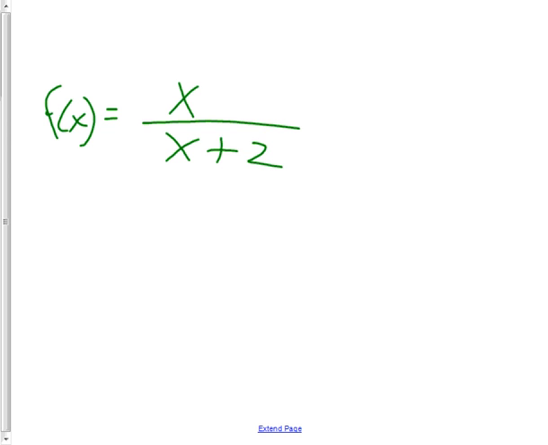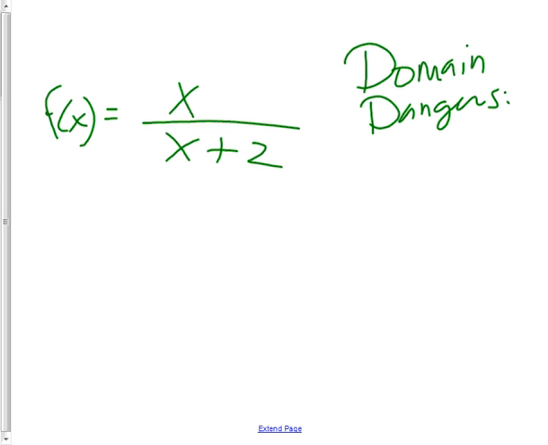Okay, so underneath domain, I'd like you to write domain dangers. The domain dangers are square roots that are negative. That's a problem. You don't want to have negatives under the square roots.